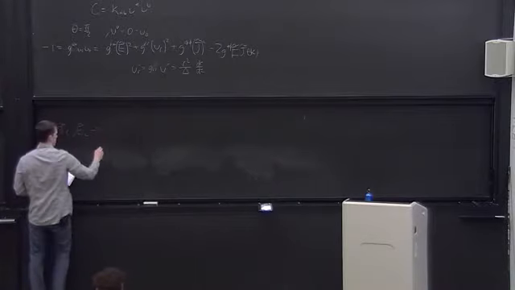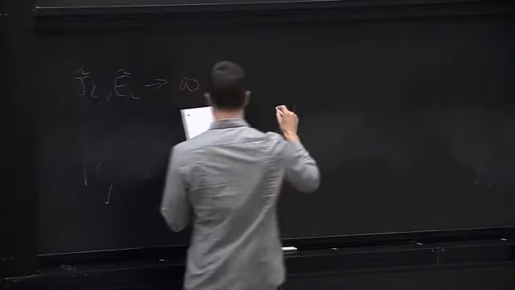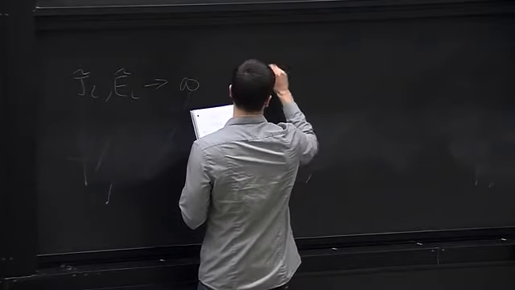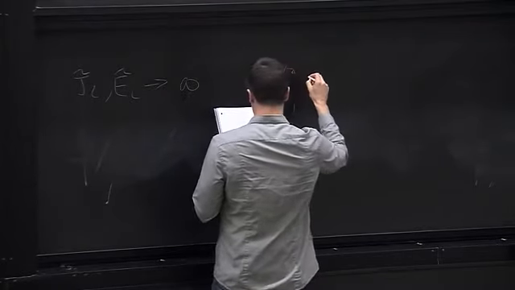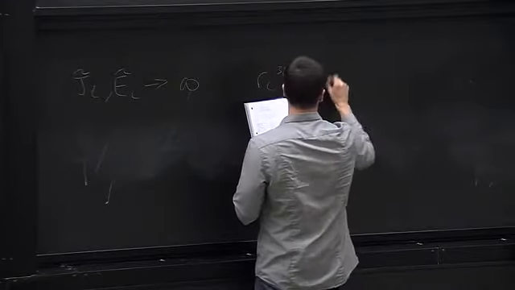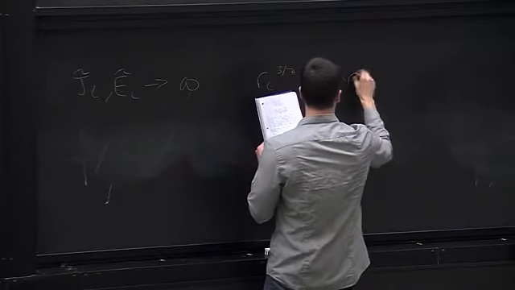So energy and angular momentum blow up when we have zeros of this equation.